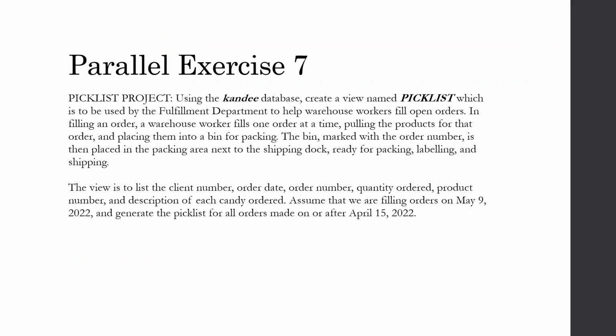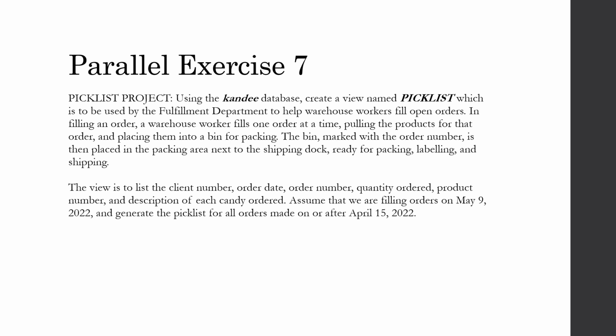Parallel exercise 7, Pick List project. Using the Candy database, create a view named Pick List, which is to be used by the fulfillment department to help warehouse workers fill open orders. In filling an order, a warehouse worker fills one order at a time, pulling the products for that order and placing them into a bin for packing.